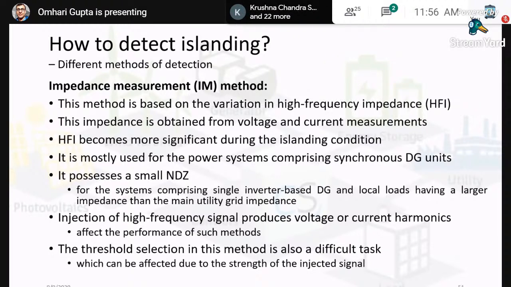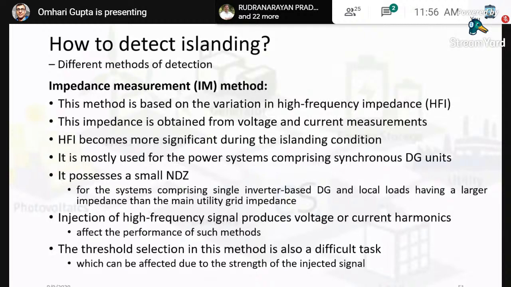However, during non-islanding condition, it will not deviate much, it will not have sufficient variations. It is mostly used for power systems comprising synchronous based distributed generation, and it has a small non-detectable zone. If you compare it with the voltage and frequency based methods, it will be negligible.